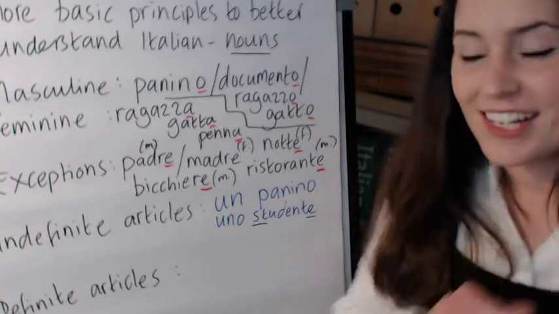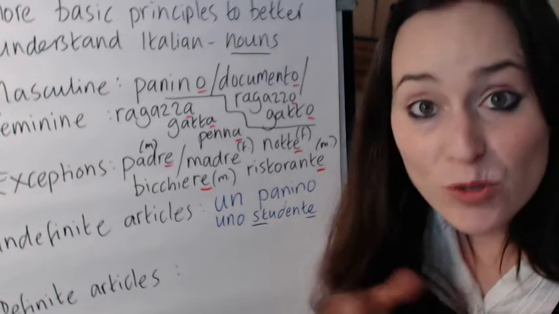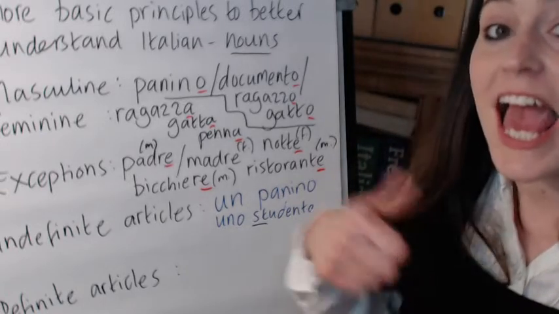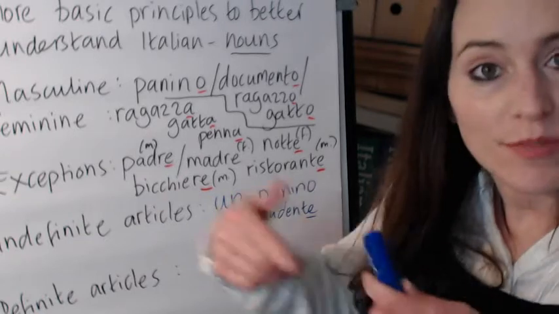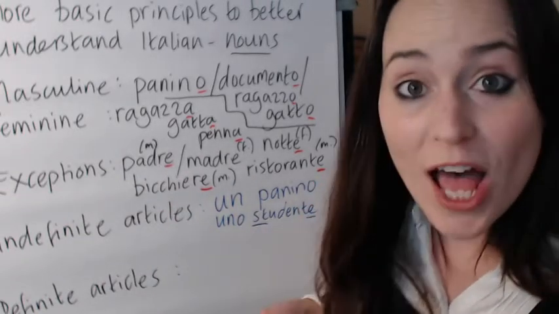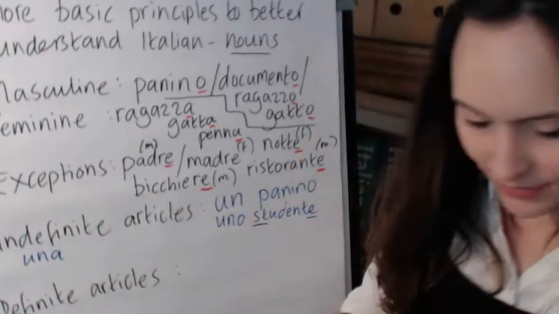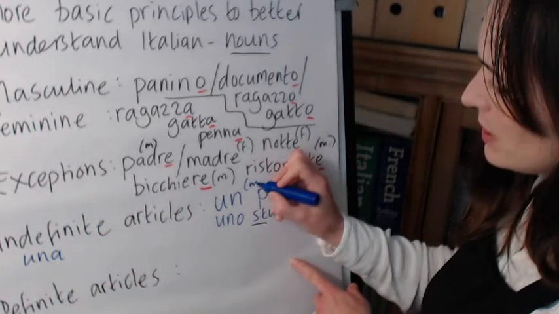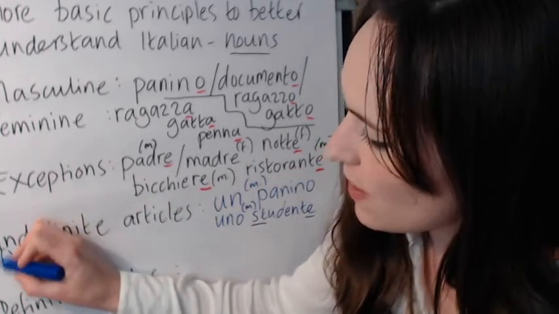Now, if you know a noun is feminine, and you need to say one plus whatever the feminine noun is, then you simply use una, okay? Una. So these are masculine, and una is feminine.